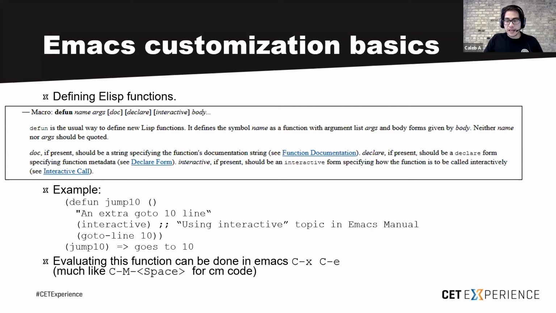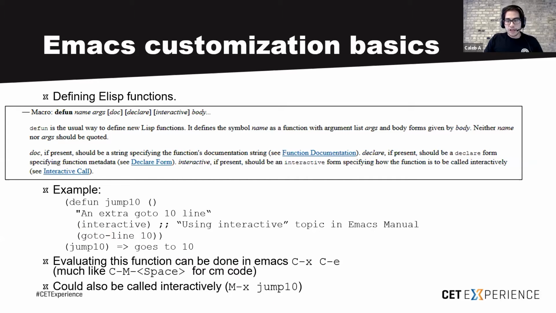This is a lot like running a line of code within CM with that Control-Meta-space. The difference here is it now is defined and accessible by Emacs versus just running it once. And now that our defun is evaluated, you can call this function anywhere by using M-x jump 10. So that's a simple function here.